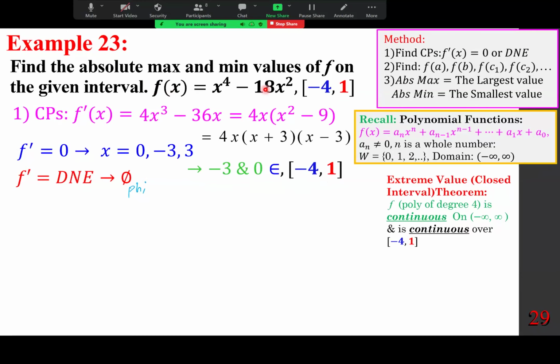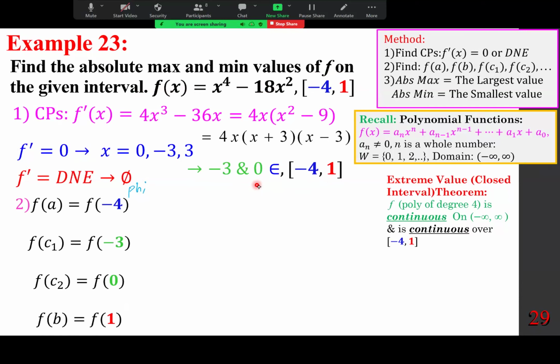That means we are going to go back to f of x, evaluated at the endpoints as well as the critical points. I hope you recognize 0 is very easy, gives you 0. 1 gives you 1 minus 18, which is negative 17.